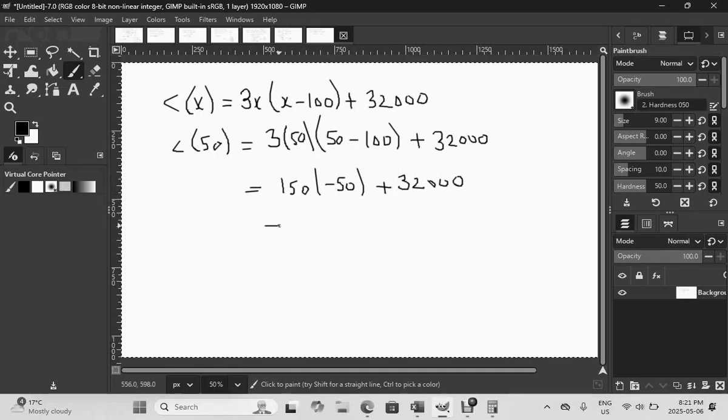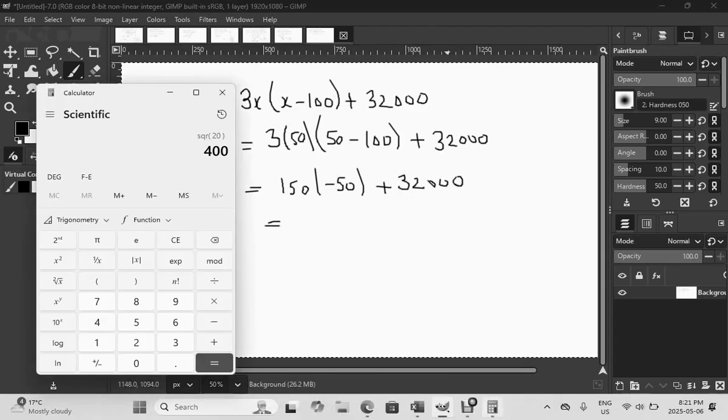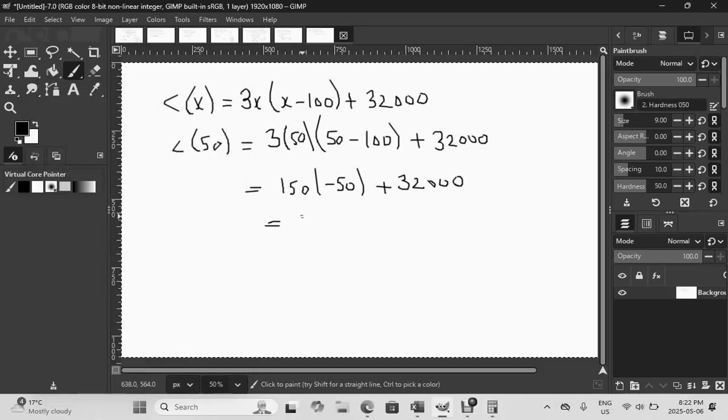So 150 times −50, let's do that on a calculator. This will be −7,500 plus 32,000. So it will be 24,500.